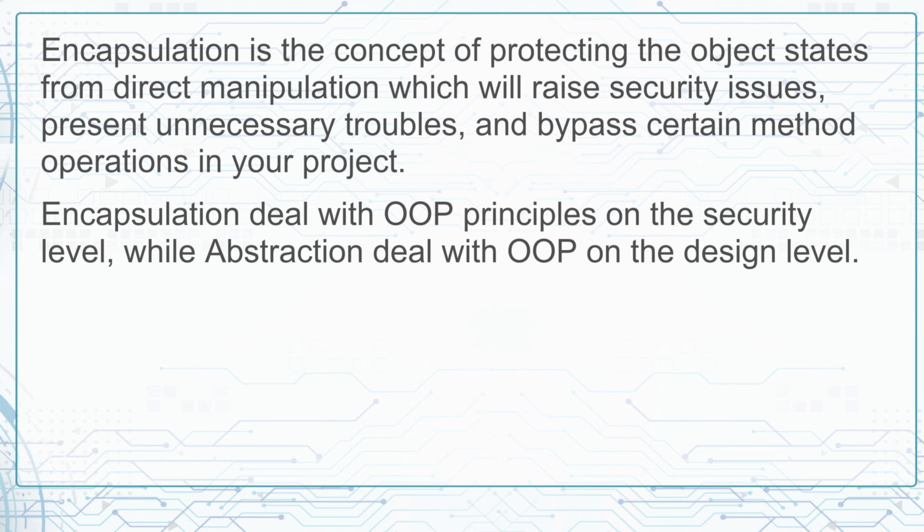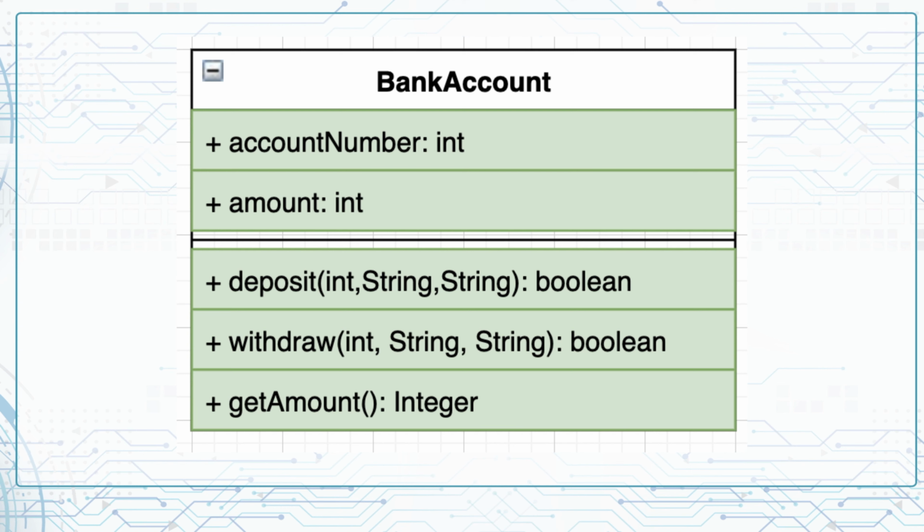To understand this more, let's get to the code. In our example, we're going to build a bank account app. This bank account app will be performing some operations on the client account, like deposit, withdraw, and get amount. So we're going to build a class in Java. This class will have two attributes, account number and amount, and it will have three methods: deposit, withdraw, and get amount.